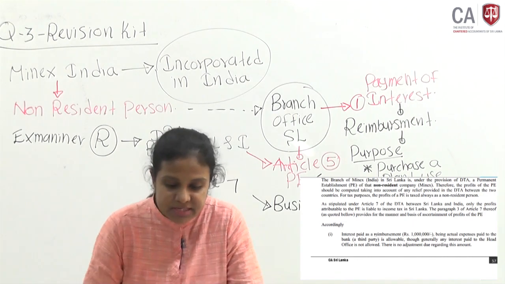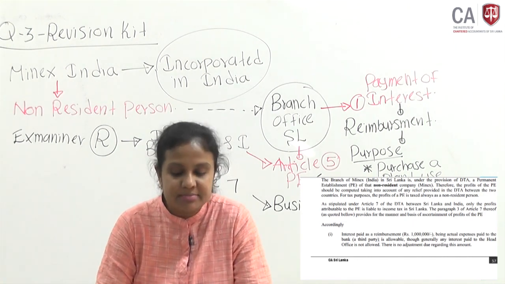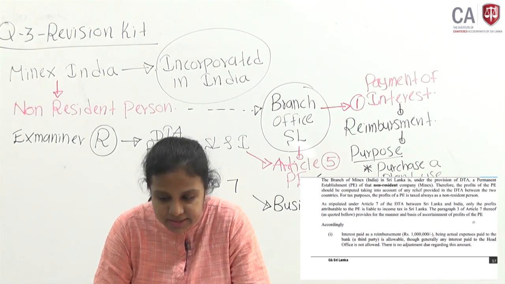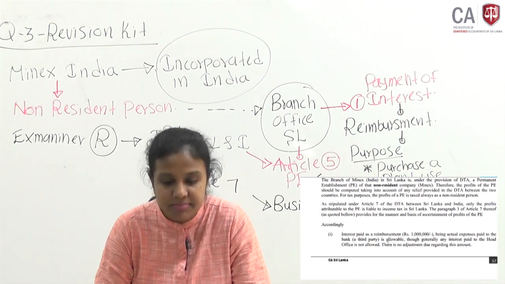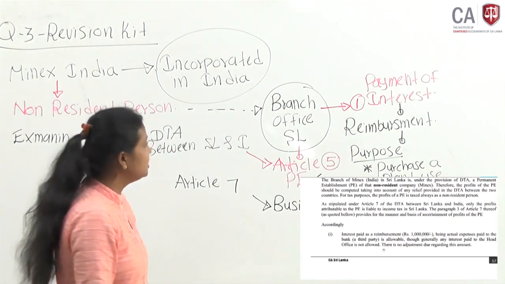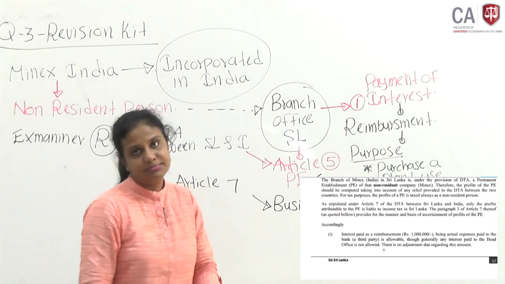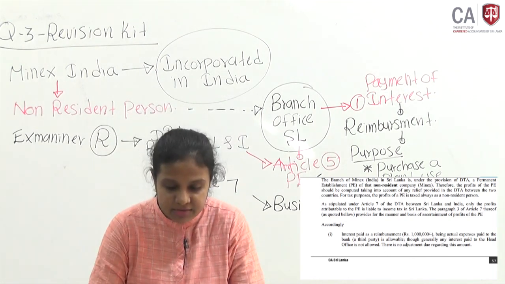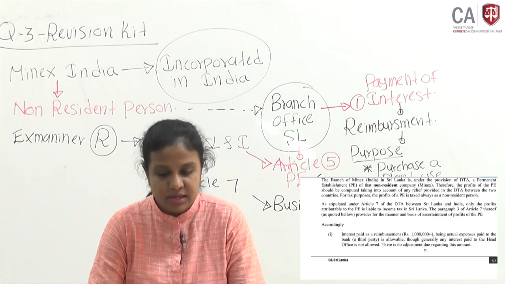Accordingly, interest paid as reimbursement, rupees 1 million, being actual expenses paid to the bank. Who has paid the actual expenditure to the bank? My head office. Then it is allowable. It is an allowable deduction.